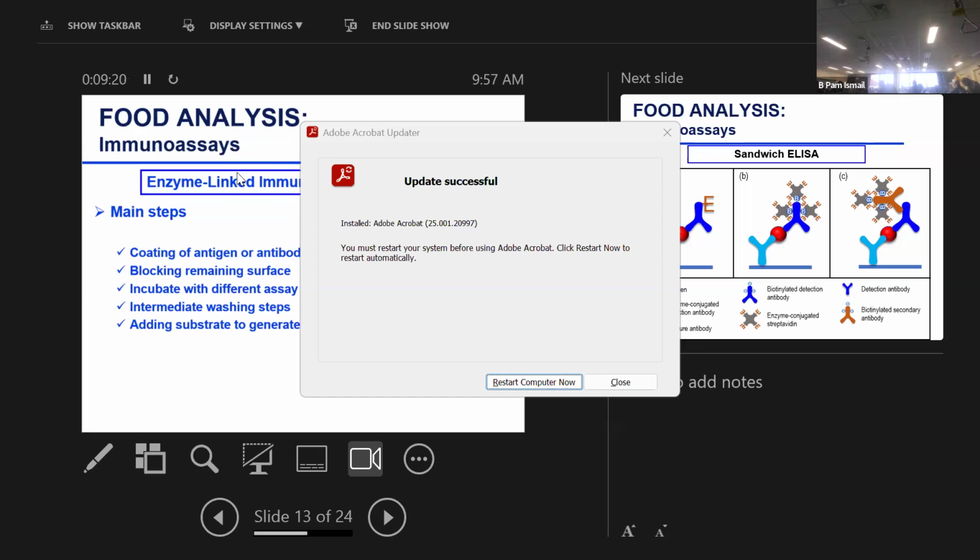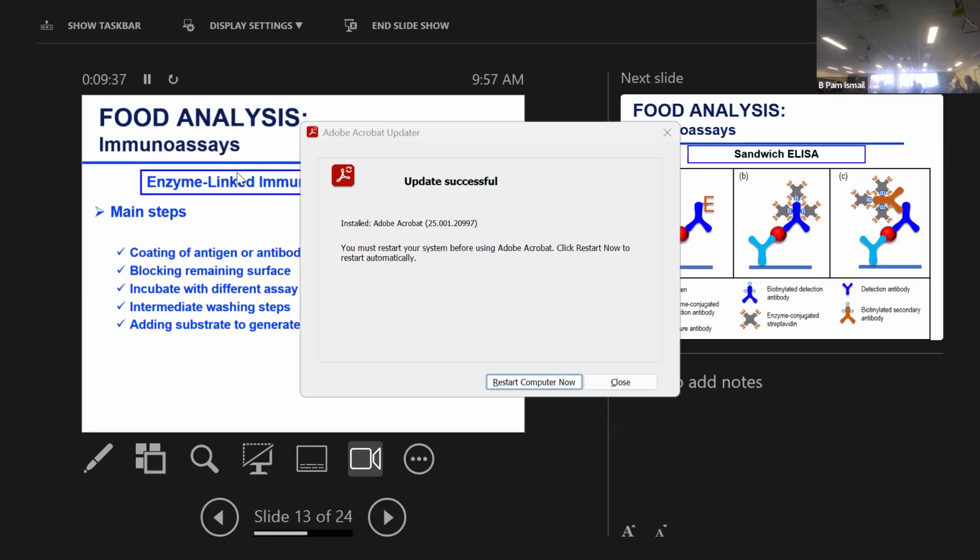And we wash. Then we do a block. What does that mean? We usually use albumin, a serum albumin, bovine serum albumin, BSA, a protein.